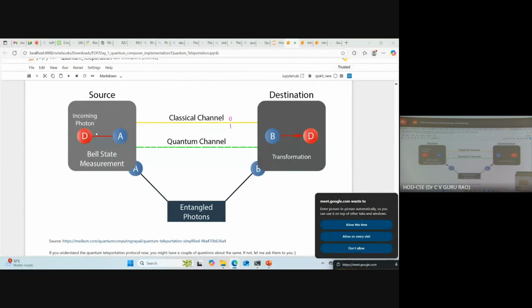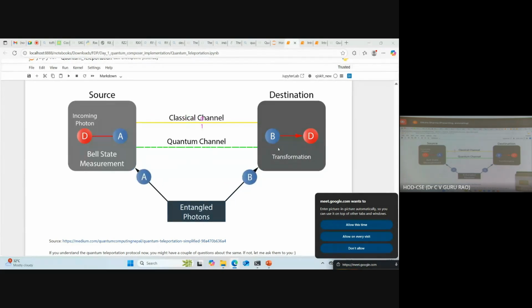So this is the incoming photon. This D over here is the information which the source wants to send to the destination. Because they have shared this entangled photon A and B between them, the source will do some kind of operation with the photon which it wants to send and A, and after doing those operations, it will transfer some classical information to the destination.